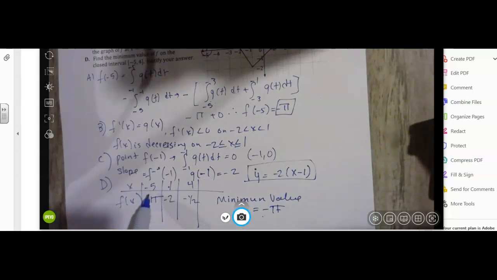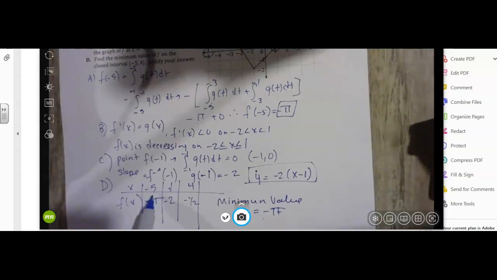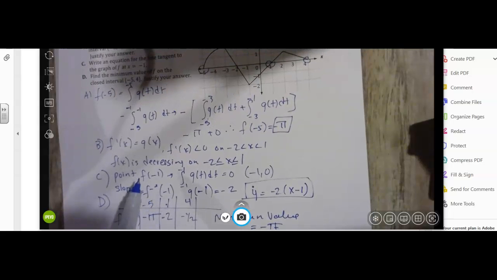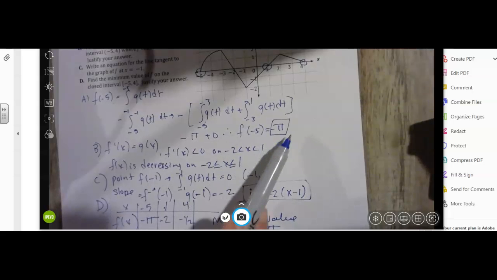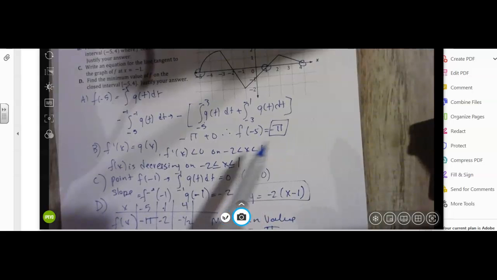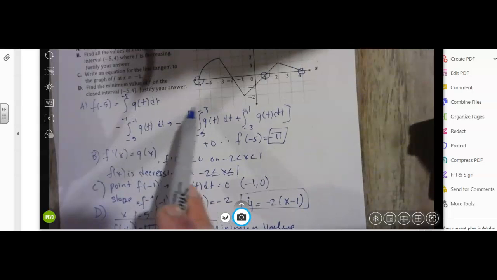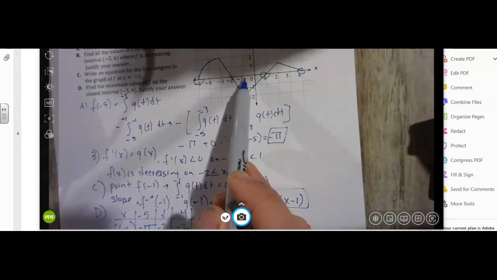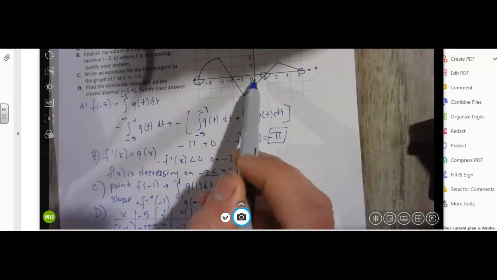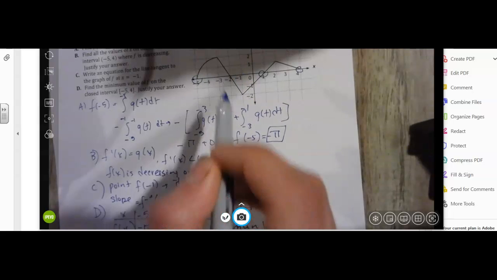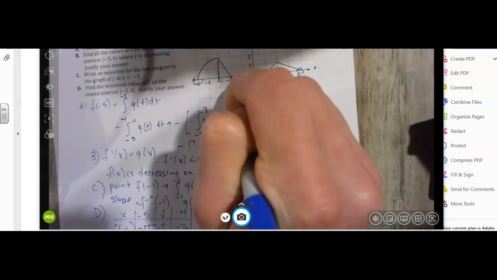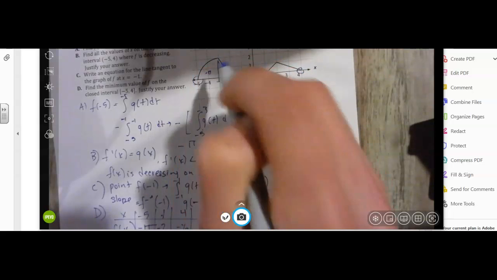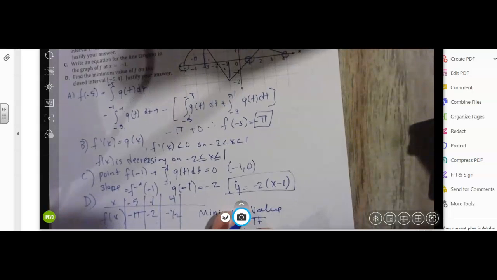And how I got these values: f of -5 we got earlier, right up here, and that was -pi, so I don't have to do that one again. It's the area of this quarter circle. Remember, we're calculating from -1 to -5. These two triangles cancel each other out with the same area, so we're just left with -pi, and that's what f of -5 is.